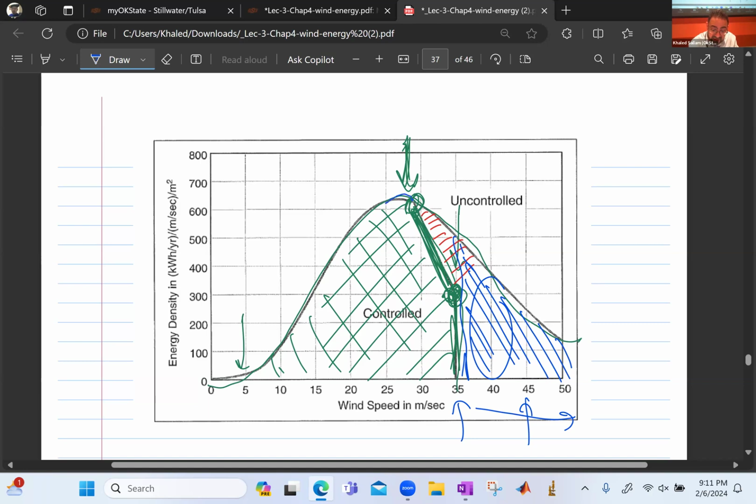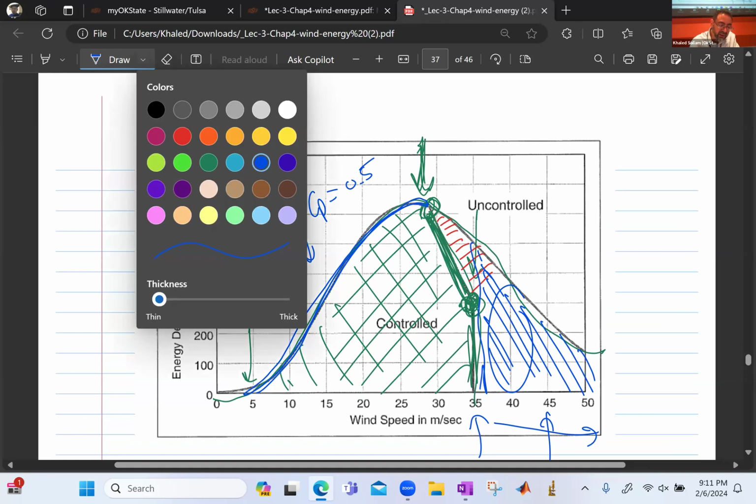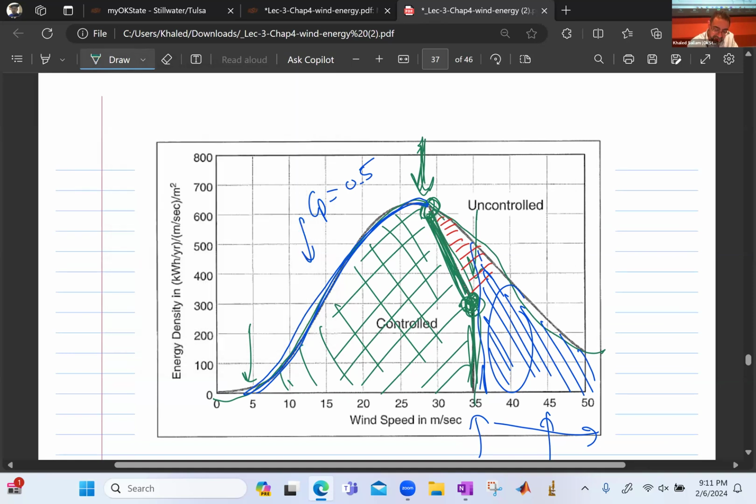And you notice that we managed to get on this curve because all over this place we have a CP maximum of 0.5 in this example. In real life, it's 0.48 something. Yes? And over here, we got this point just because at that speed we only wanted that output power at rated. And we just draw the line between them.